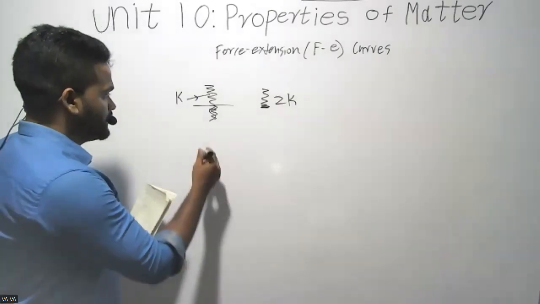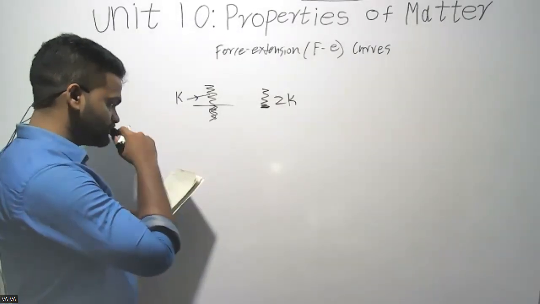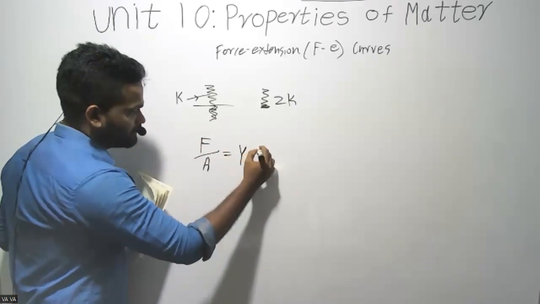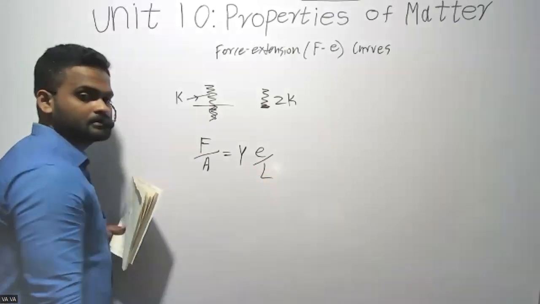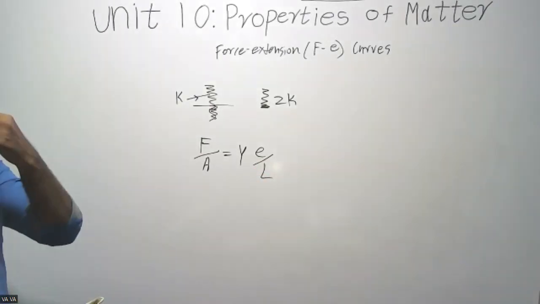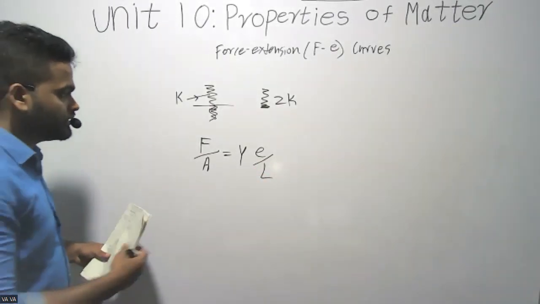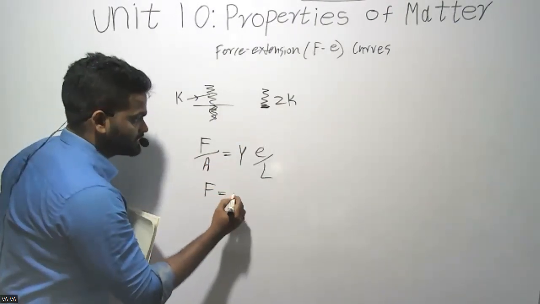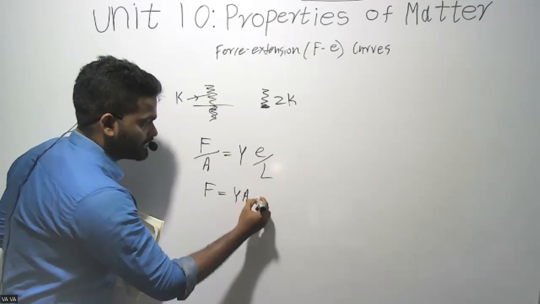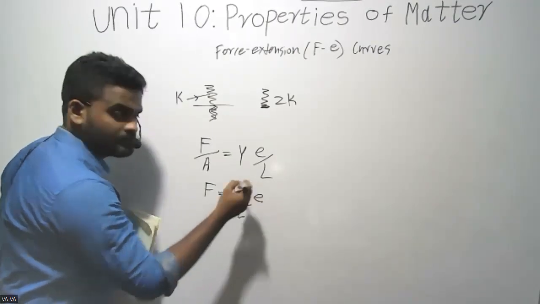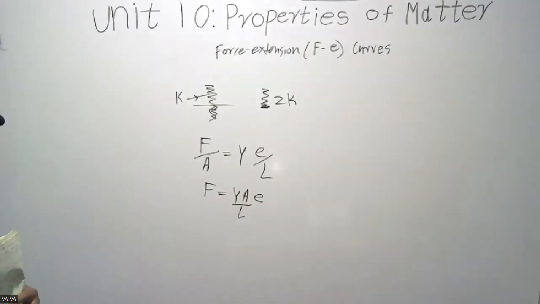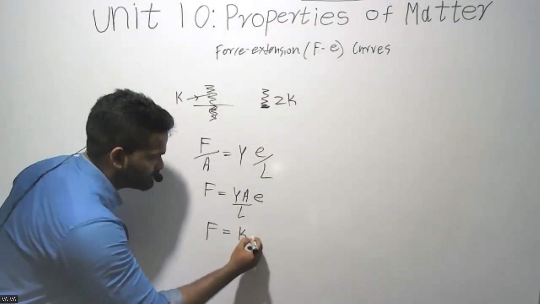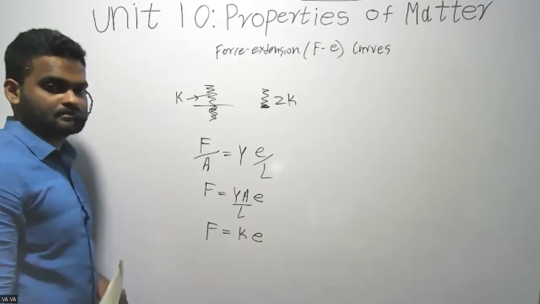Okay. I can relate these two equations. So this is the initial equation, F equals YA E divided by L, where I put this A here. Then I'm going to write F equals KE below it.